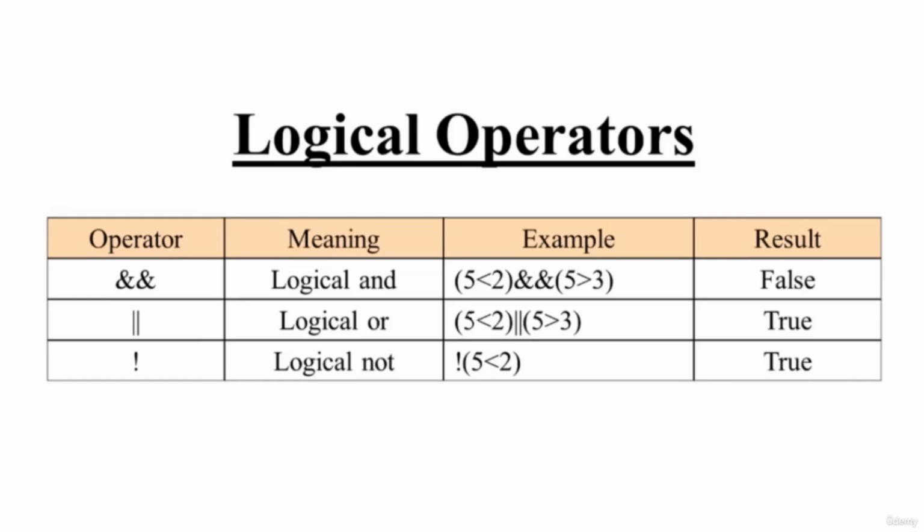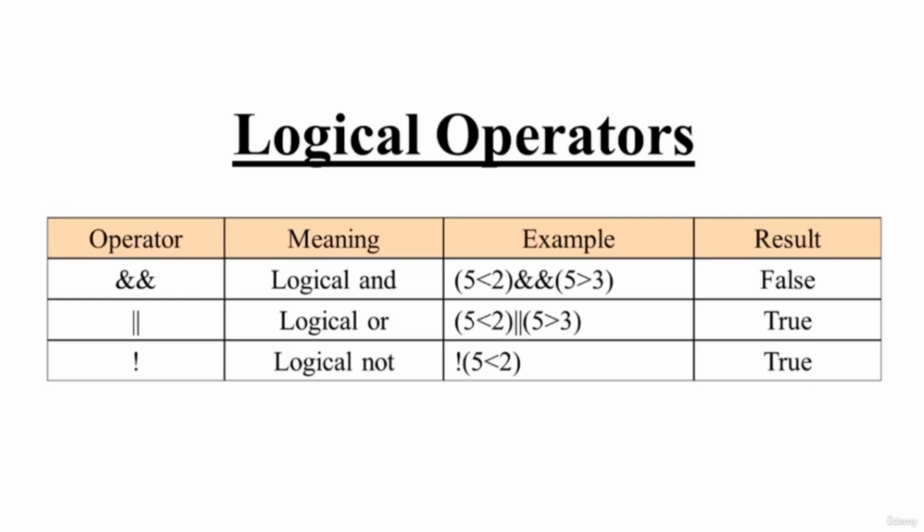So for that I will go for the AND operator. But if you are okay with any one of the conditions being satisfied, then you can go for the OR operator. But if you want to just reverse the condition, that is make true to false and false to true, we can go for the logical NOT operator, which is a unary logical operator.